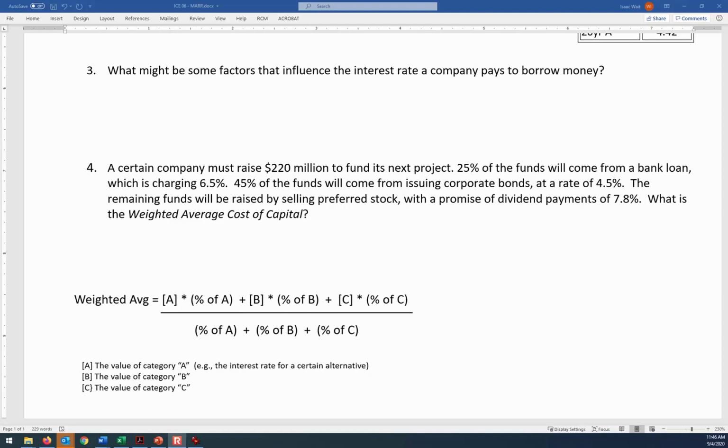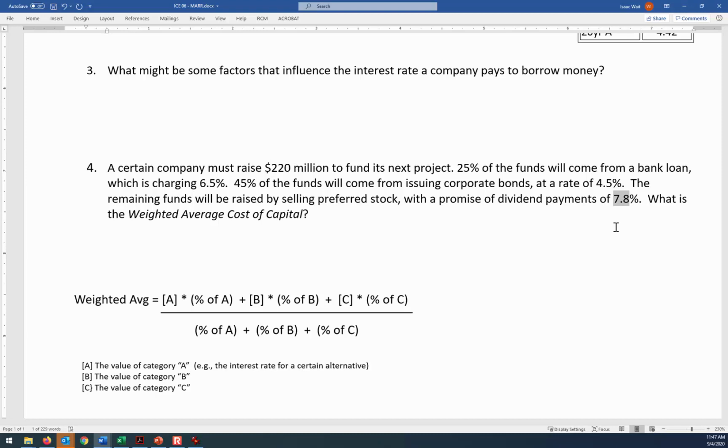Range of possibilities. So the bank is charging 6.5%, corporate bonds 4.5, and the dividend payments 7.8. And so the average is going to be somewhere in the middle between 4.5 and 7.8. It can't be any higher than 7.8, and it can't be any lower than 4.5.